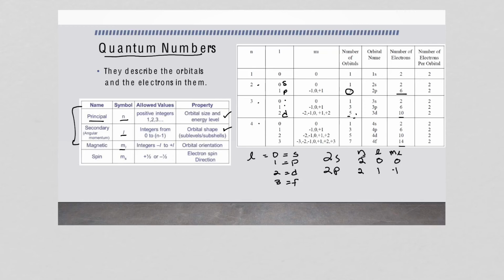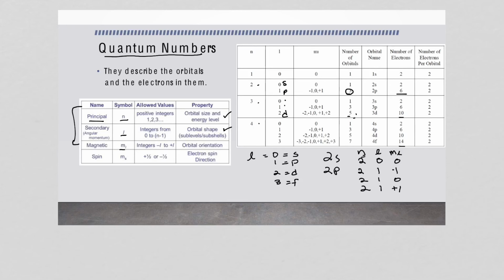So it's going to have 2, 1, -1. Now the other p orbitals would be 2, 1, 0, and 2, 1, +1. So each of those p orbitals would have a unique address, if you will. This set of 3 quantum numbers is unique to every orbital, and it's sort of its zip code. It's the way that this orbital is described.